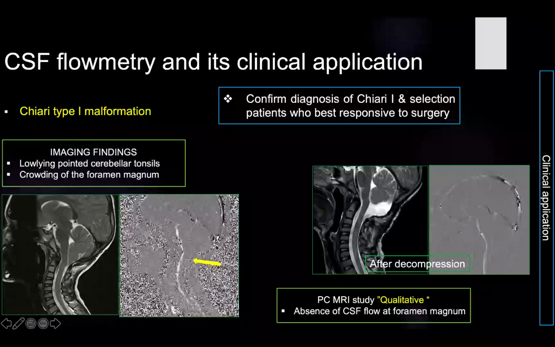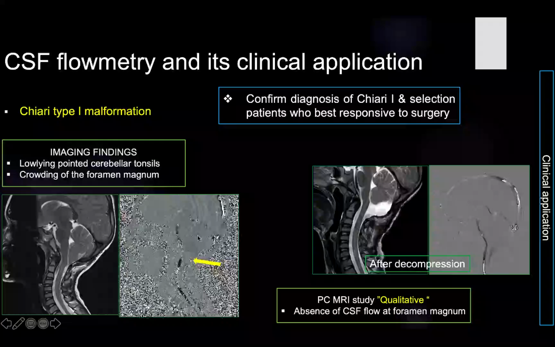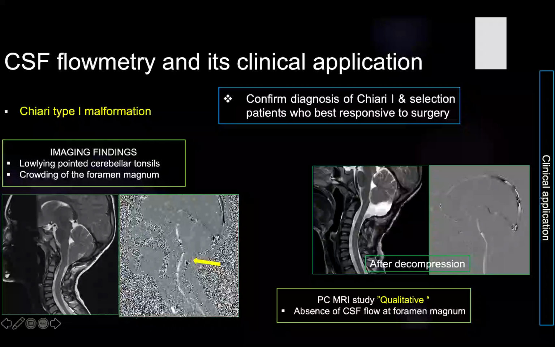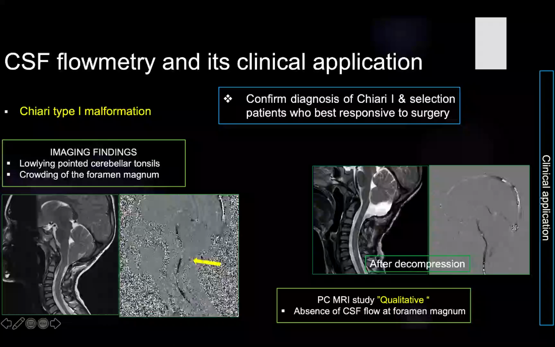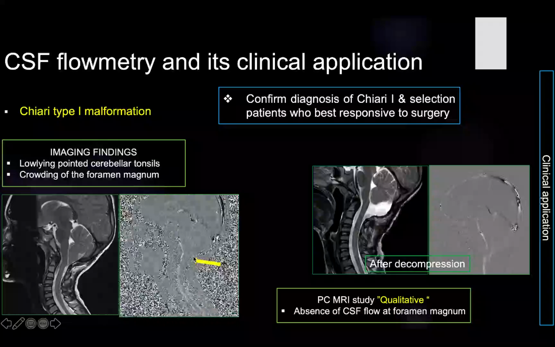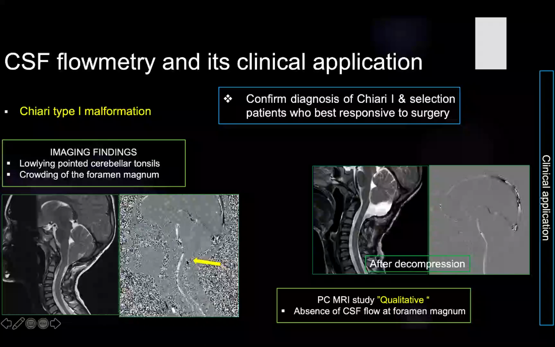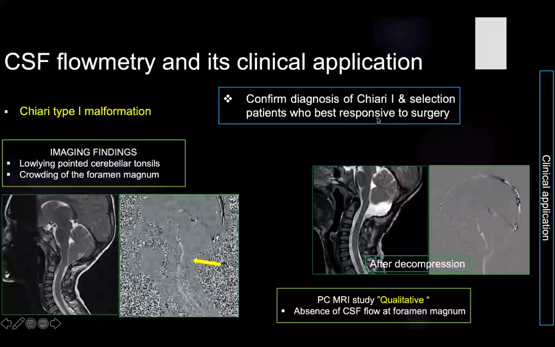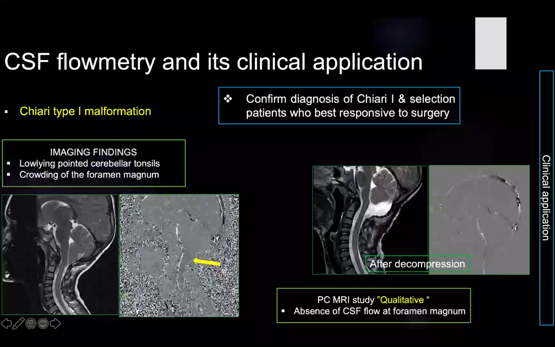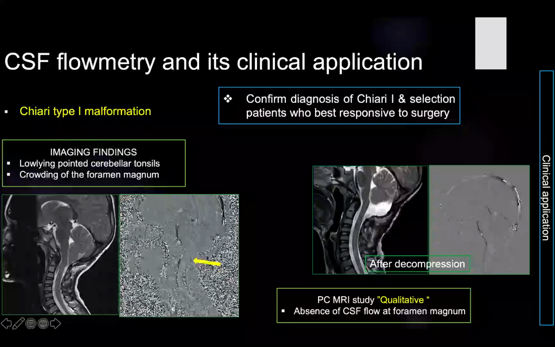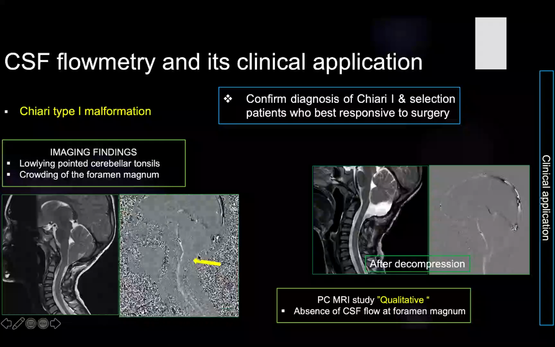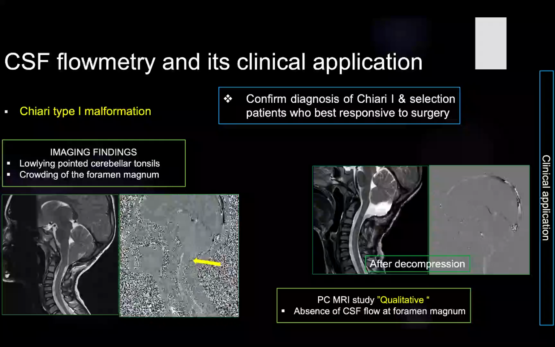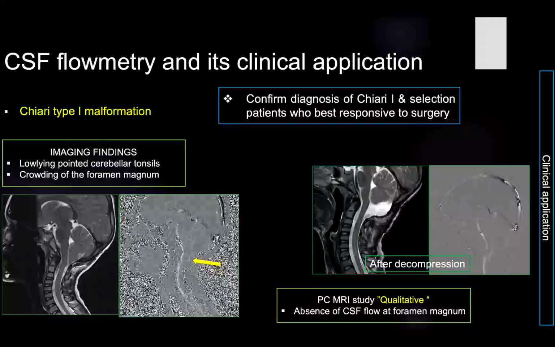It not only confirms the diagnosis of Chiari type 1 malformation. Patients who have an impedance or absence of the CSF flow in the foramen magnum are usually the patients who respond best to surgery. When we operate on these patients, they usually have a very good response and very good prognostic factors.